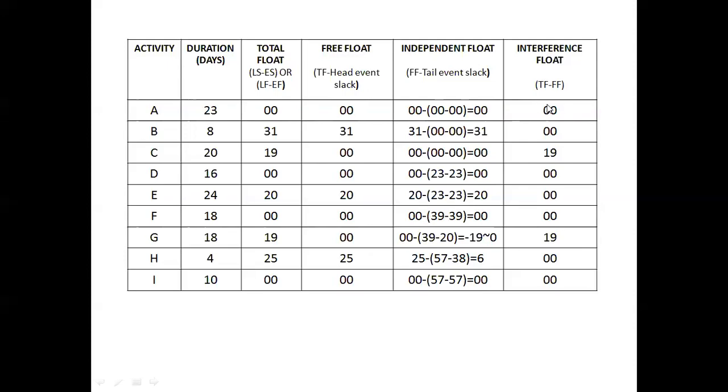The interference float means this much amount of time should not be consumed. Suppose activity C consumes 19 minutes or 19 days of the total float, then there will be a delay, or it will consume the floats of the next activities. So this should not be consumed. These are the tolerances by which they can start or finish, the total extra time that the particular activity has.